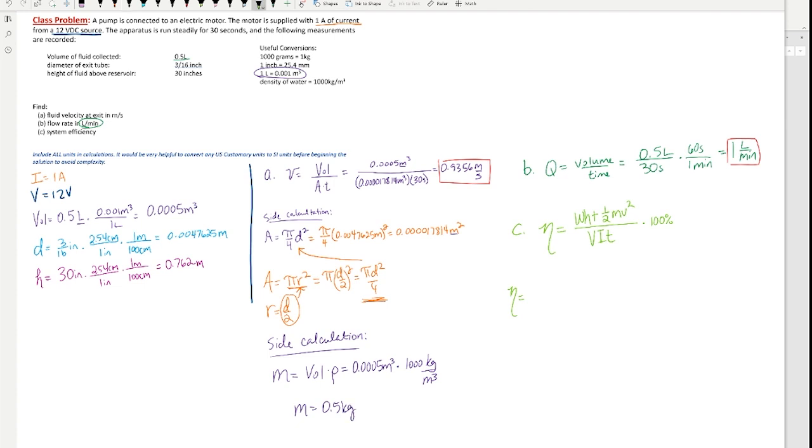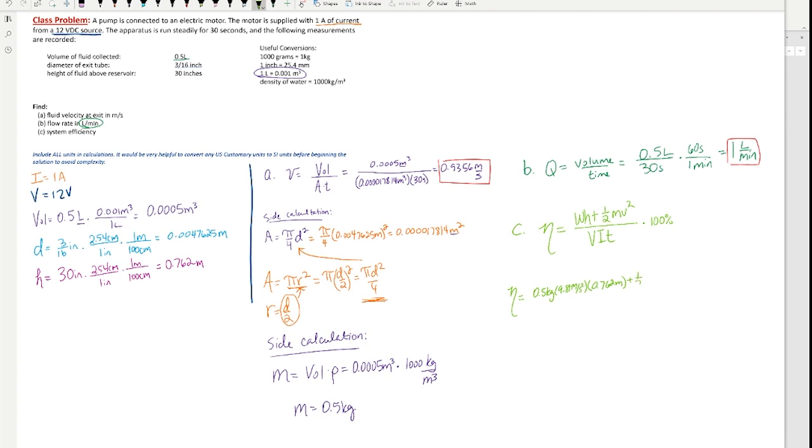So back to our efficiency equation, we have weight, which is mass times gravity, which is 0.5 kilograms times 9.81 meters per second squared. Notice how I'm keeping my units in my problem. It helps me understand how I'm multiplying numbers and that I'm multiplying them correctly. So now I have my mass times my gravity, and I need to multiply it by my height. My height was calculated to be 0.762 meters.